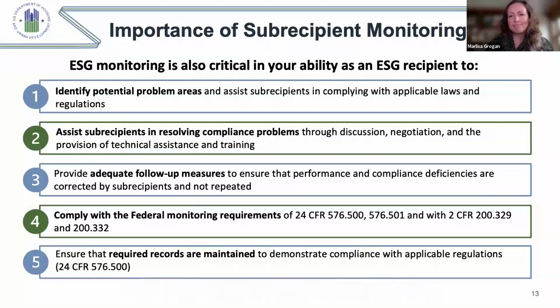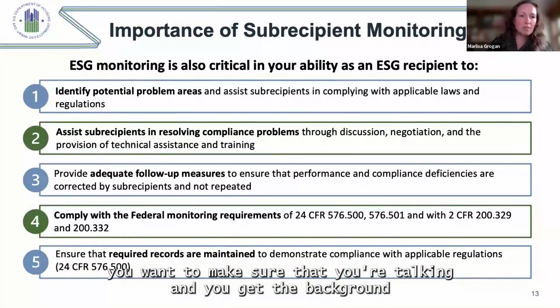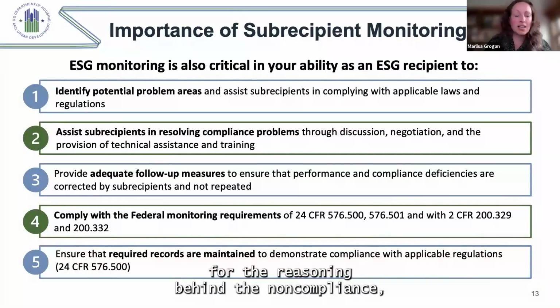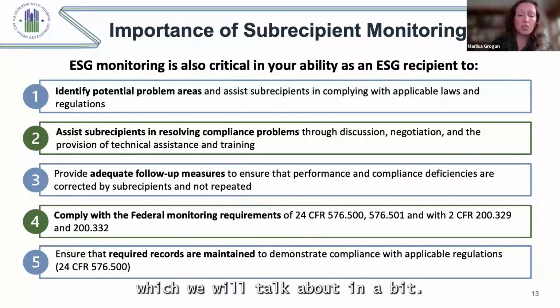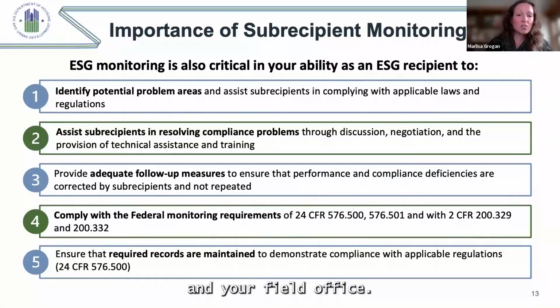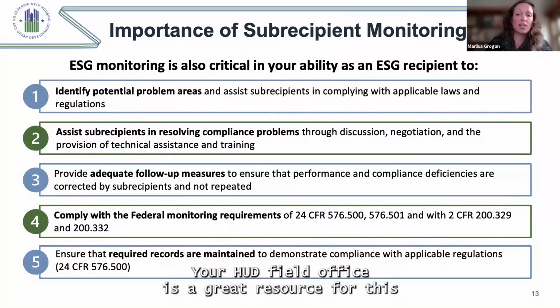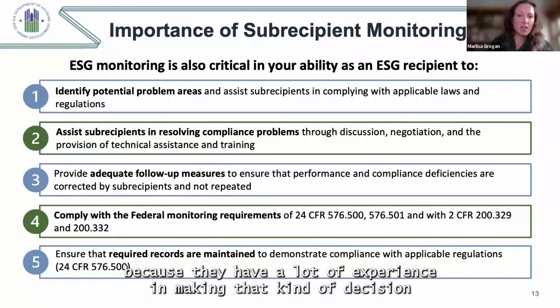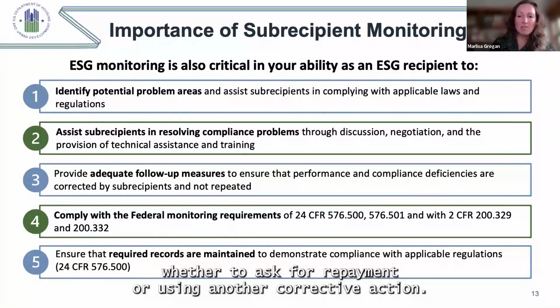You want to make sure that you're talking and you get the background for the reasoning behind the non-compliance, which we will talk about in a bit. You also want to have a conversation with your program counsel, and your field office. Your HUD field office is a great resource for this because they have a lot of experience in making that kind of decision, whether to ask for repayment or using another corrective action.